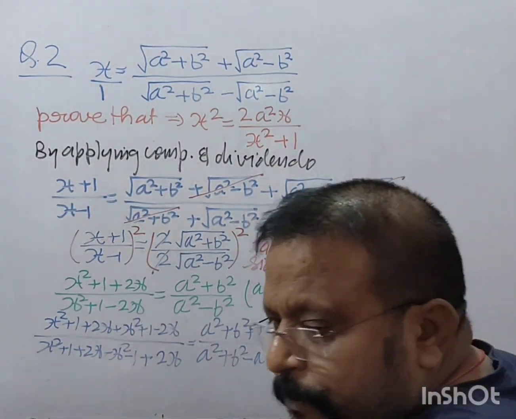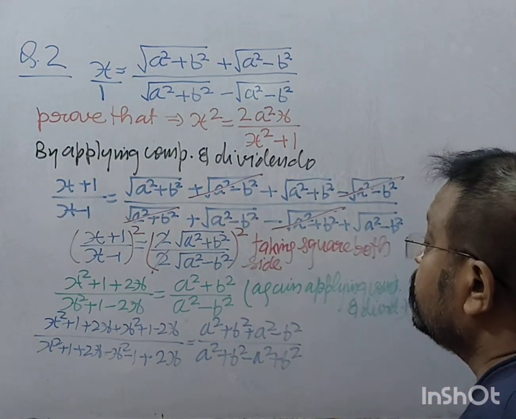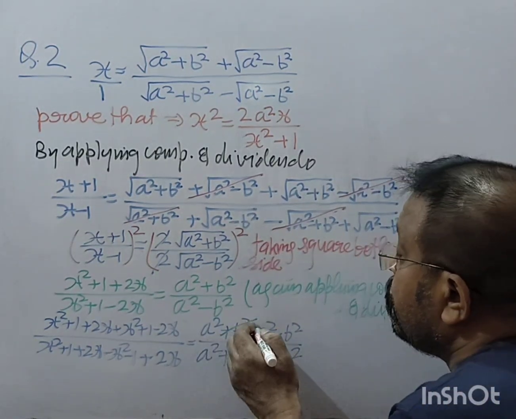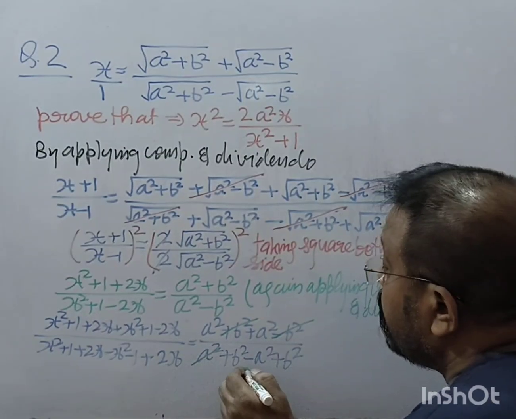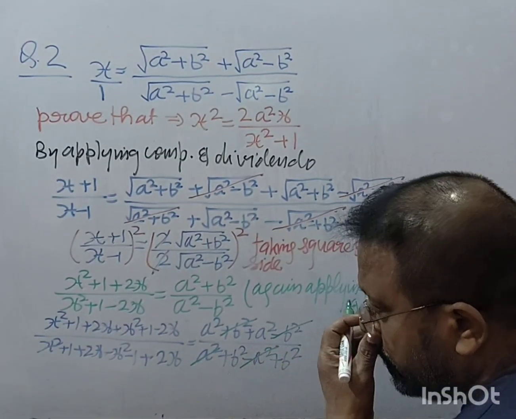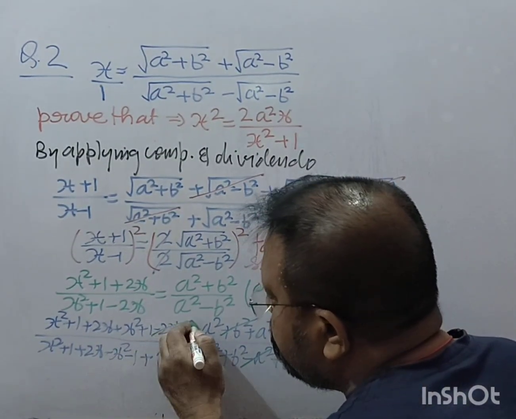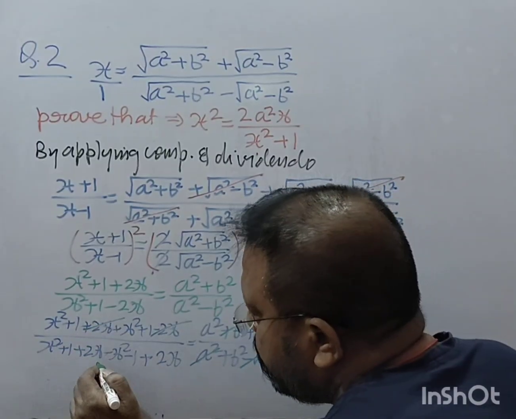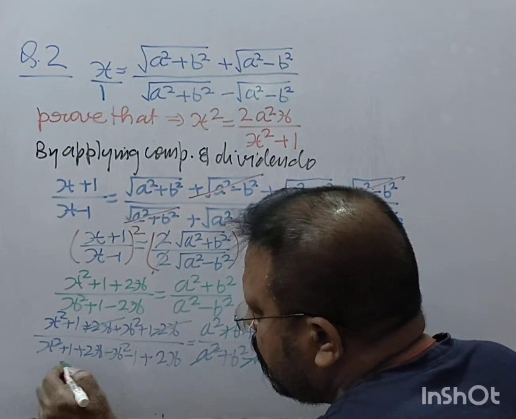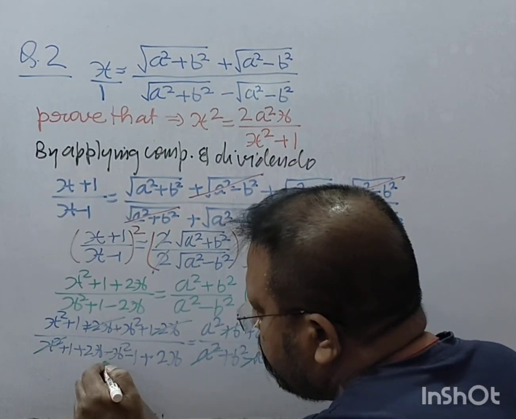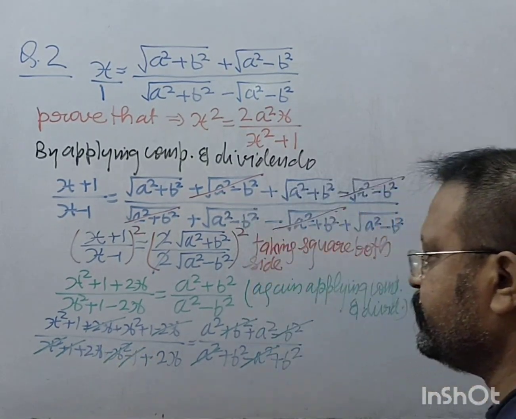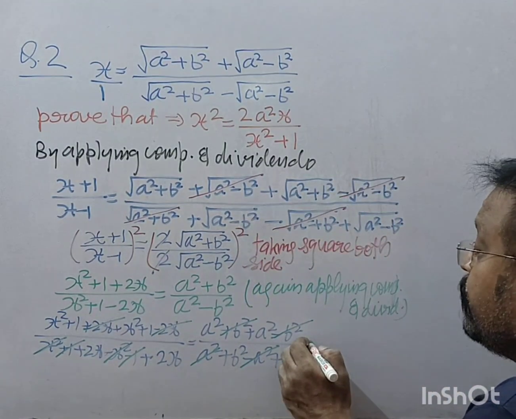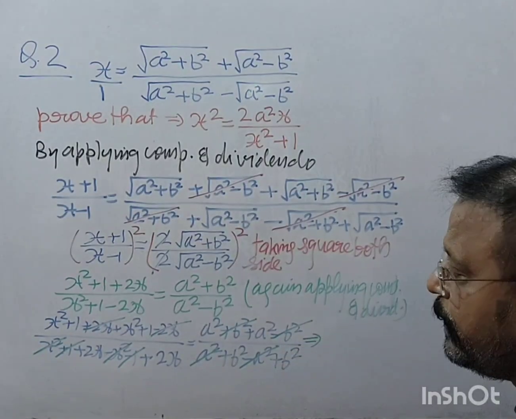So again what we do, plus b square minus b square is cancelled, or a square minus a square is cancelled, and here minus 2x is cancelled. It is minus x square plus x square is cancelled. So what you get at last?